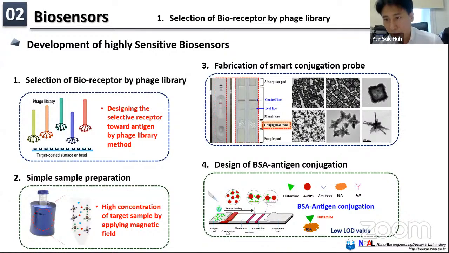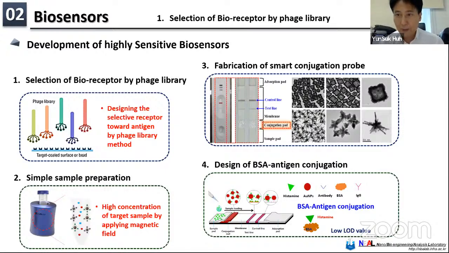In my lab, we are working on antibody display techniques to choose and screen bioreceptor material having highly sensitive and selective properties to the target sample.